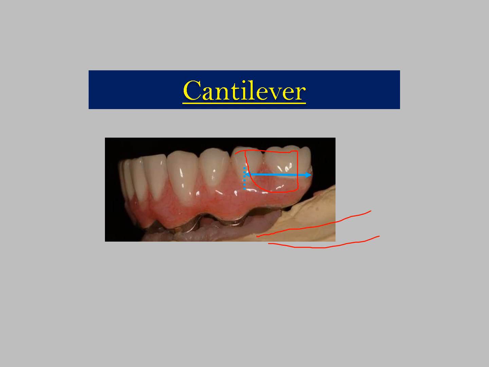So we need a cantilever here, and we need a rule for this cantilever. The cantilever will be too much or too small or whatever. Some will add 5, some will add 6, some will add 5, 6 and 7 teeth, some will add 5, 6 and 8. So we need a rule to decide how long this cantilever should be.